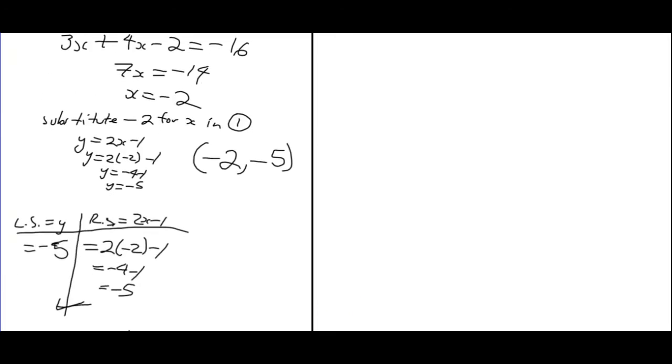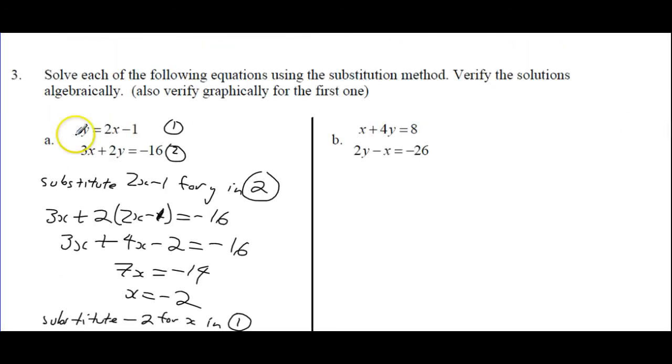Now, in order to graph, I'm going to have to solve this for y. So it's going to be 2y is negative 3x minus 16. y is negative 3 halves x minus 8. So I'm going to bring up a calculator.